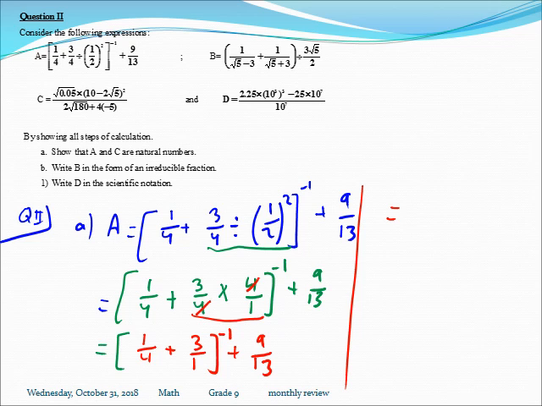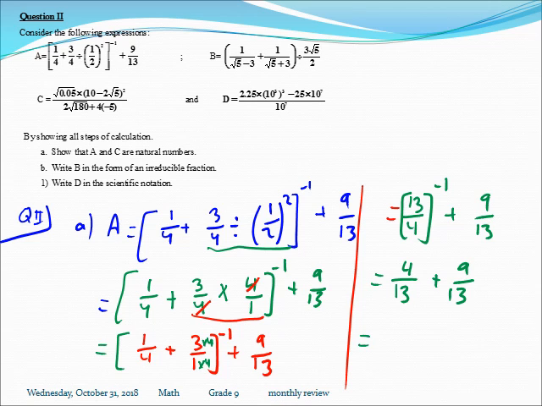Same denominator: we multiply here by 4 and here by 4. 3 times 4 is 12, plus 1, 13 over 4, all power minus 1, plus 9 over 13. So it's equal to 4 over 13 plus 9 over 13, which is 13 over 13, so it's equal to 1.